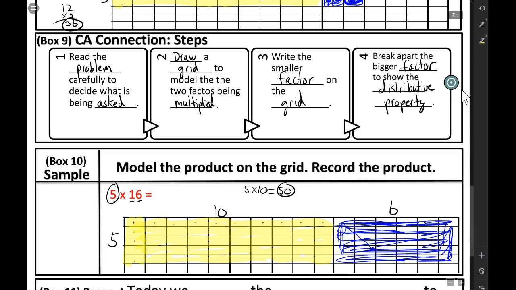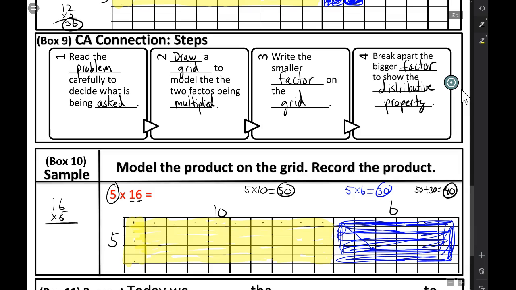And what we're saying right here with this blue highlighted part on our grid is that 5 times 6 equals 30. Next, what I'm going to do is take my 50 plus my 30, and I will get the product of 80.